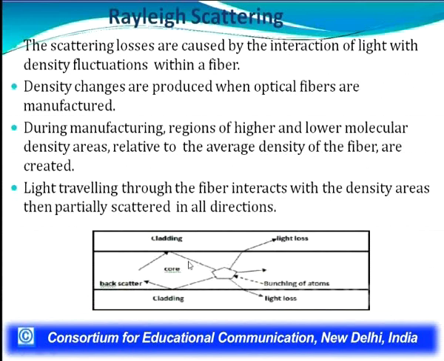During manufacturing, regions of higher and lower molecular density relative to the average density of the fiber are created, and the light traveling through the fiber interacts with these density areas and is partially scattered in all directions. It means the light travels through the fiber interacting with the density areas which were created at the time of manufacturing, and then loss will take place.